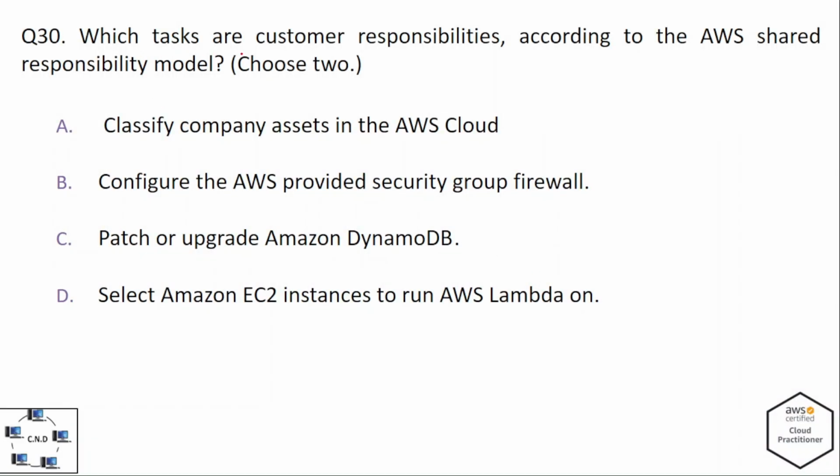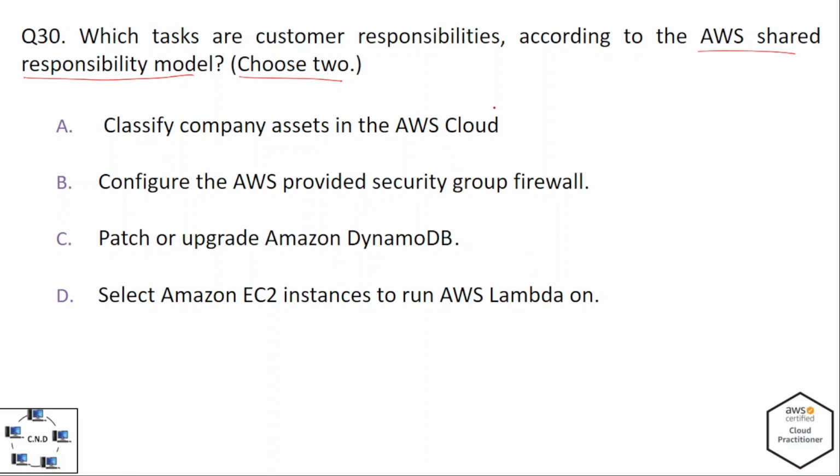Question number 30 is that which tasks are customer responsibilities according to the AWS shared responsibility model? And we have to choose two options. Options are A, classify company assets in the AWS cloud, B, configure the AWS provided security group firewall, C, patch or upgrade Amazon DynamoDB, and D, select Amazon EC2 instances to run AWS Lambda on.